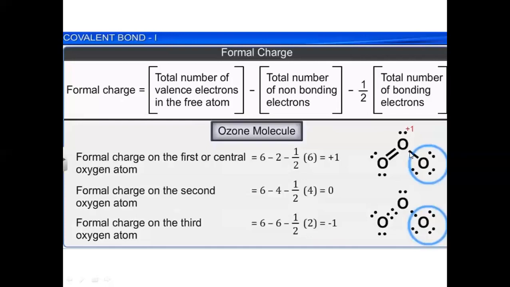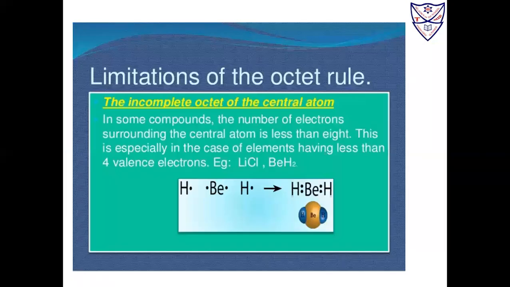So the formal charge: 6 minus 6 minus 1, that is 6 minus 7, which is minus 1. So the formal charge of the third oxygen atom is minus 1. Now you understood how to calculate the formal charge of any atom.